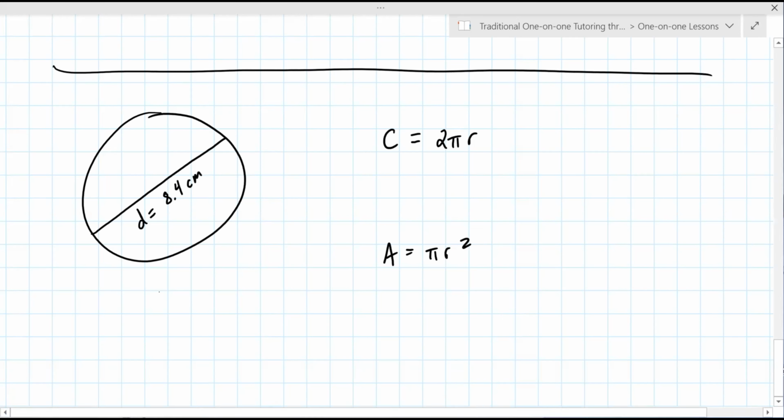What did you get for the radius? What is the radius? You should divide, right? By 2, yes.